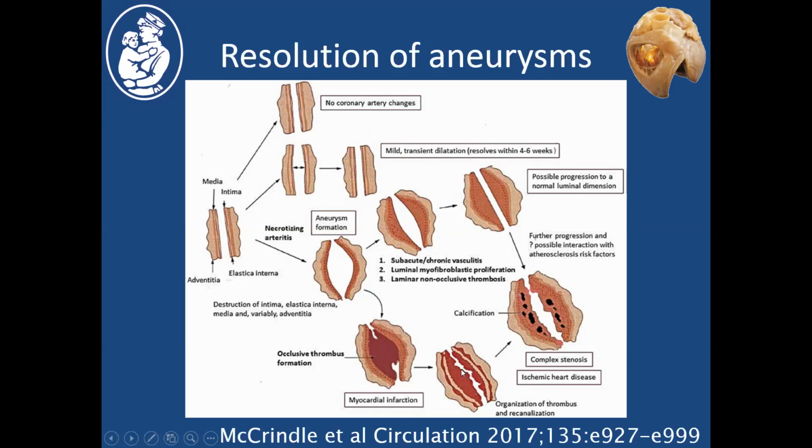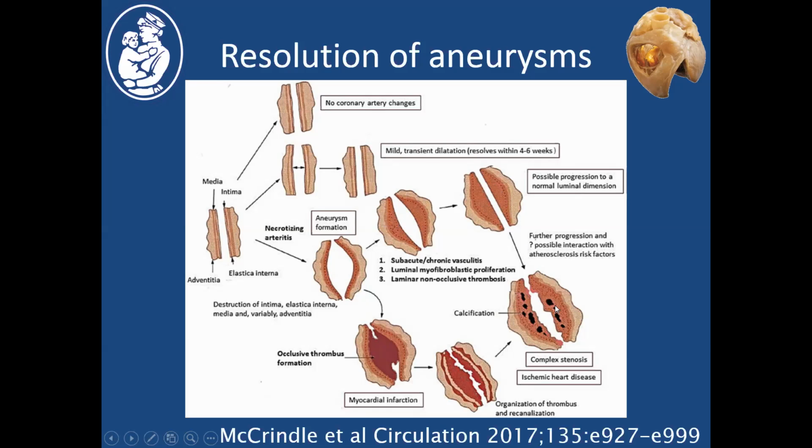This can be recanalized to form a vessel lumen in here, and then the wall is formed by fibrosis of the thrombus here, making a fibrous wall. Or if there's no thrombosis, this aneurysm can sort of fill in by myofibroblastic proliferation here, causing a myointimal proliferation, which can level out the vessel, making the vessel lumen look pretty normal, but the walls are obviously very abnormal at this point.